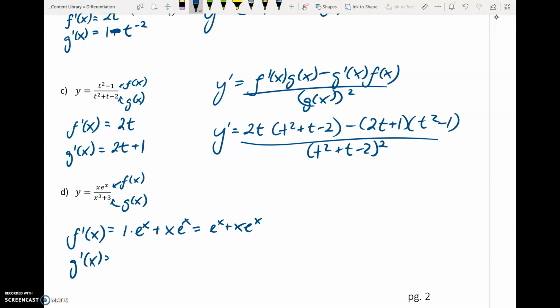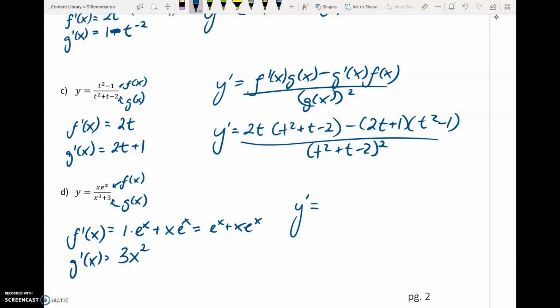Then for g of x, we're going to use our power rule, because we have x to the power of 3. You bring the 3 to the front, minus 1 from the exponent, and then that plus 3 here, when we take the derivative of that, it's going to be 0. So that's our g prime of x. Now I'll put it all together.